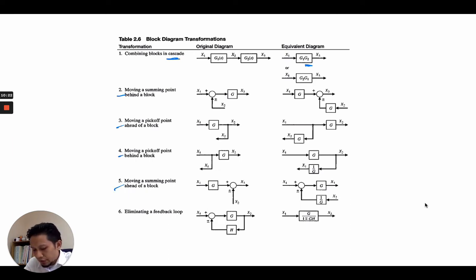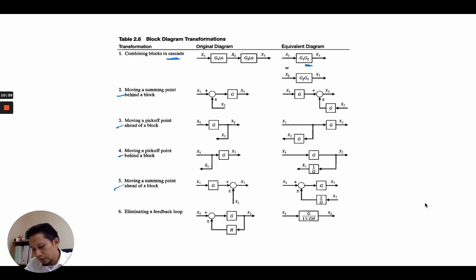And I have explained to you as well number 6 yesterday, where we have this in the form of a feedback loop. So you can simplify the block diagram of the feedback loop.